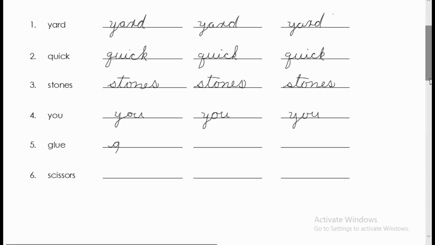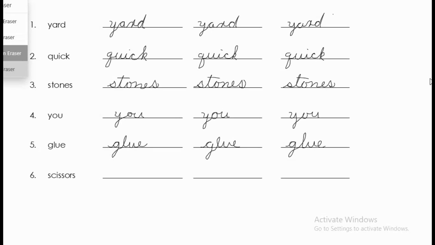Okay, let's move on to the number 5 and we write glue. Glue. I didn't like that letter L. And finally, one more time we write glue. Okay, let me try to correct that letter, the second one, because I didn't like the letter L. I'm going to do it again. Okay, much better, I guess.